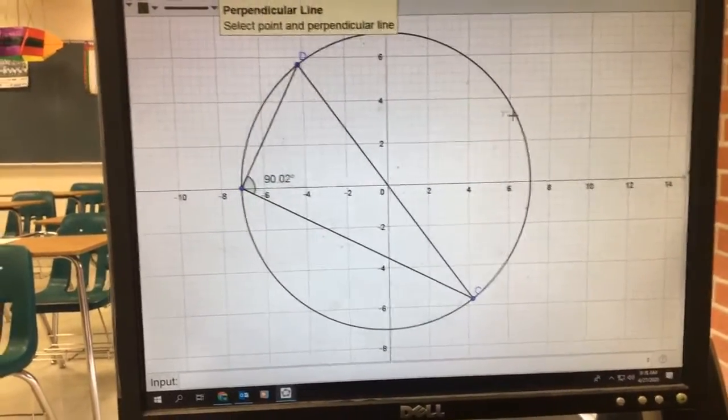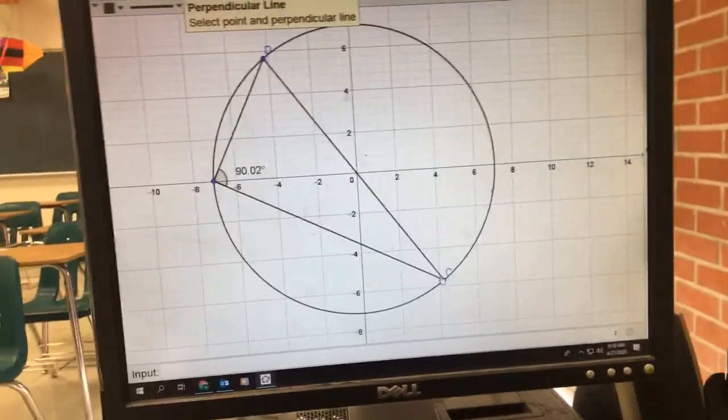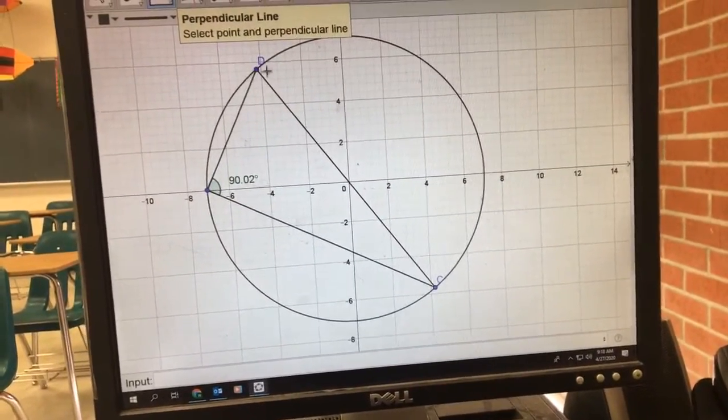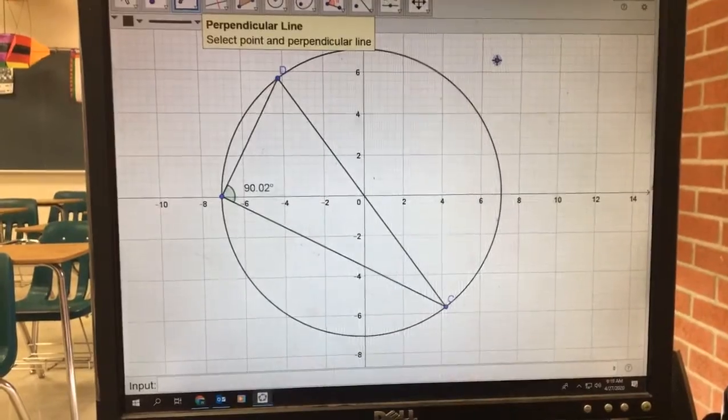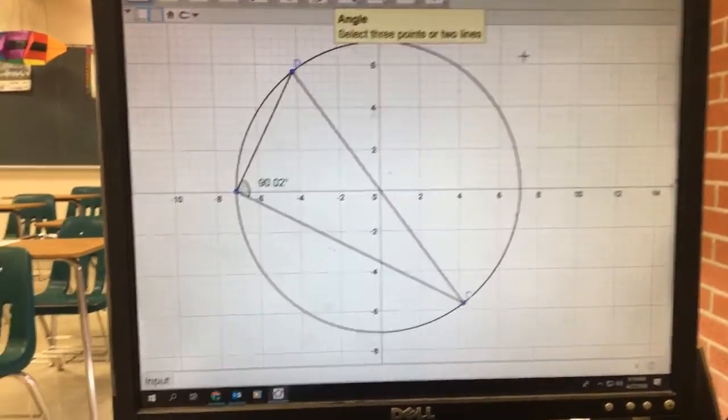Now you have half a circle. This 90-degree angle intercepts an arc that is 180 degrees. It's half the circle. So that's how this works.